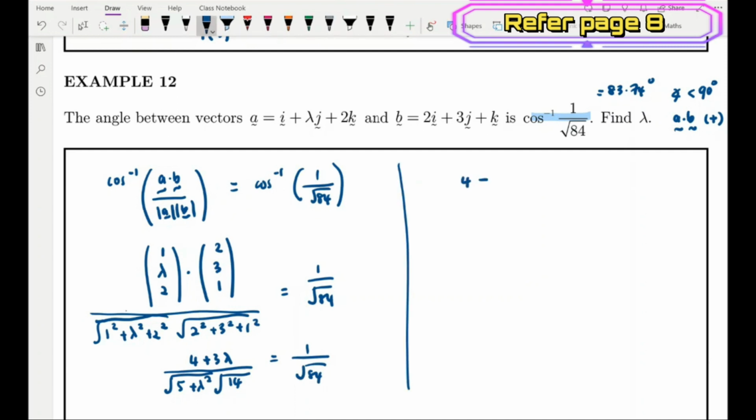We just put 4 plus 3 lambda equal to root 84 times root 84 and then 1 times root 5 plus lambda squared, root 14.